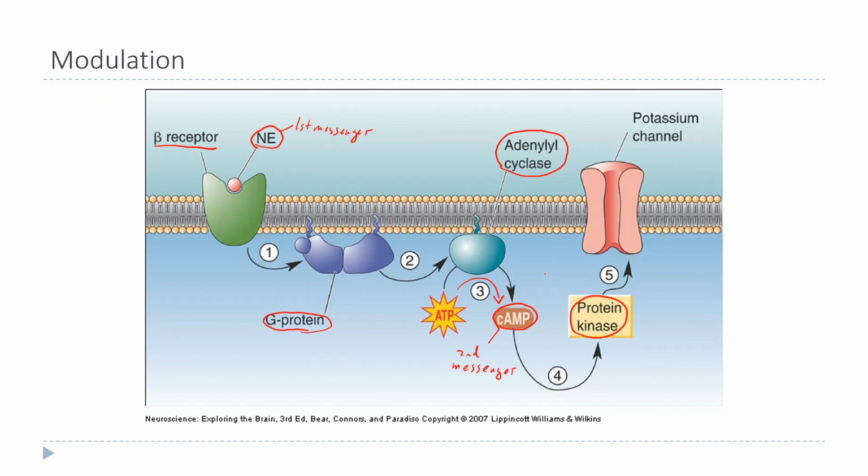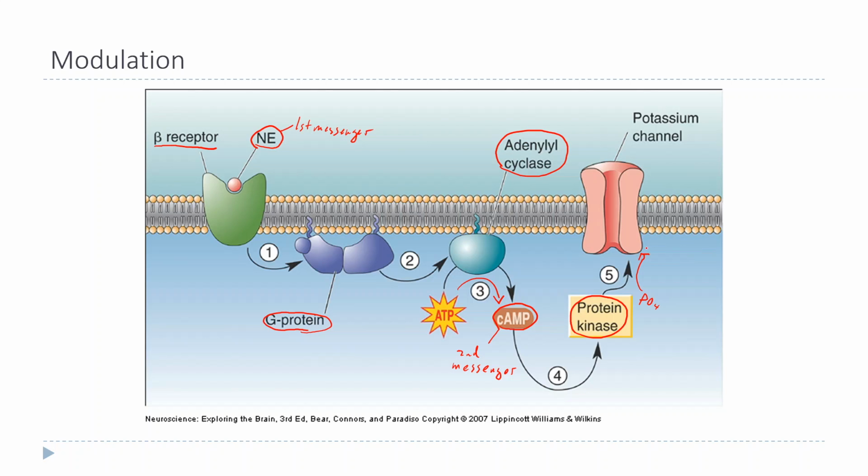A phosphate is just a phosphorus atom with 4 oxygens attached, and kinases are enzymes that take those phosphates and add them to other proteins. Now they're specific, so protein kinases will only phosphorylate certain other proteins, and then the effect of phosphorylation depends on the protein. Some proteins become more activated when they're phosphorylated, some become less active.